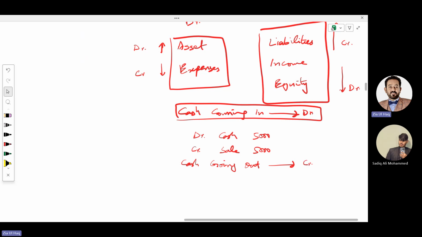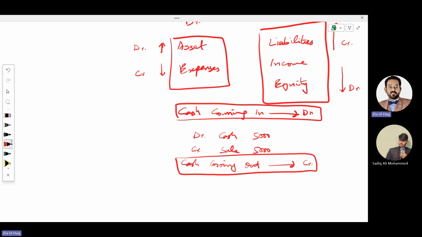Credit. If cash is going out, we credit cash and debit the other account.